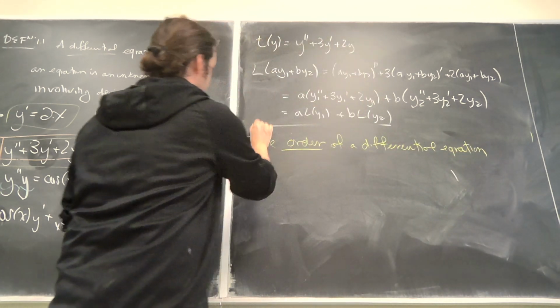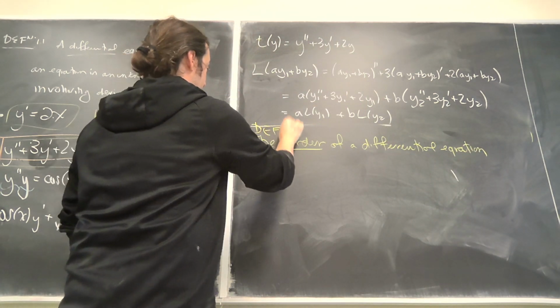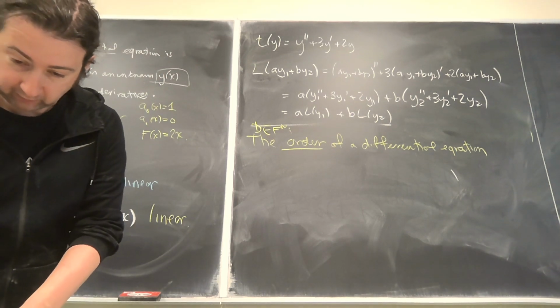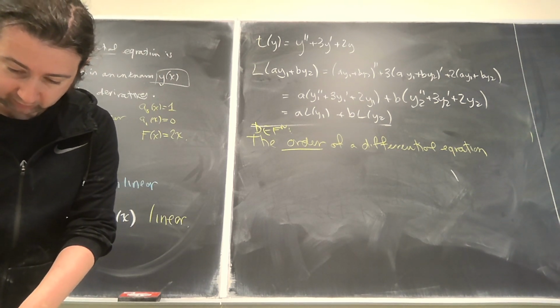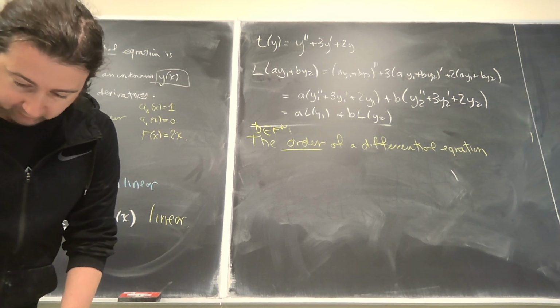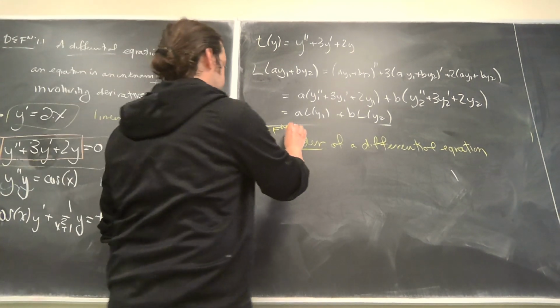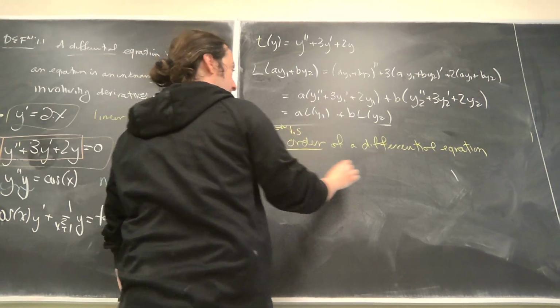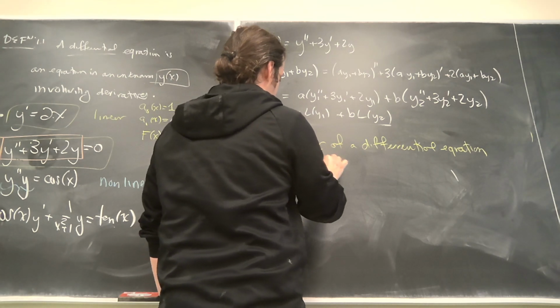So this is another definition, definition 1.5: the order of a differential equation is the highest derivative that appears in the equation.